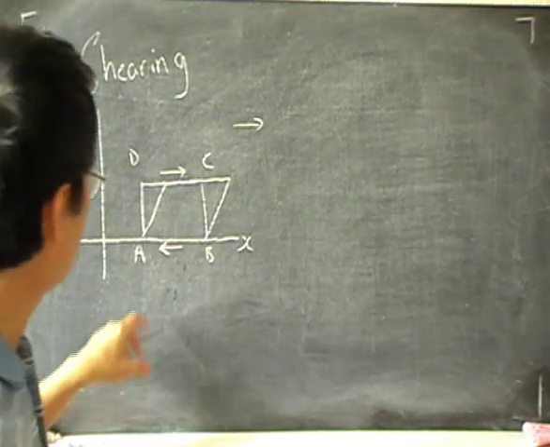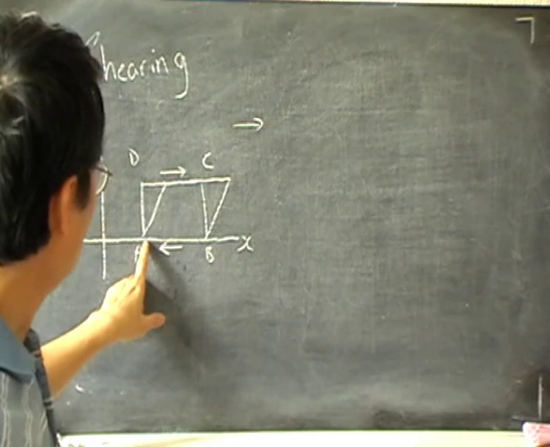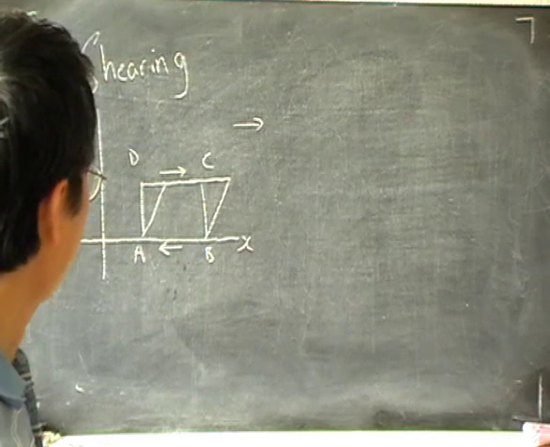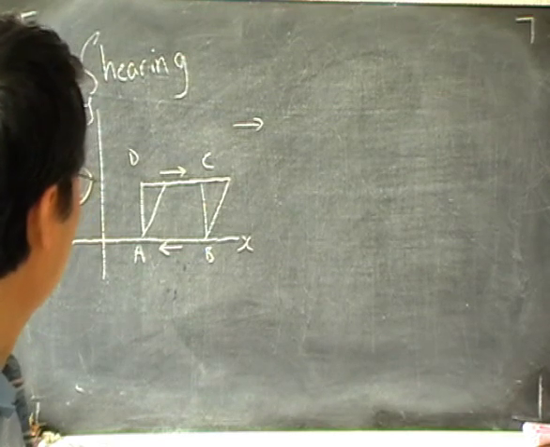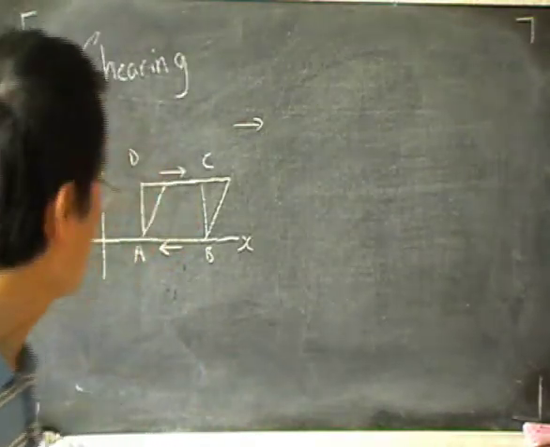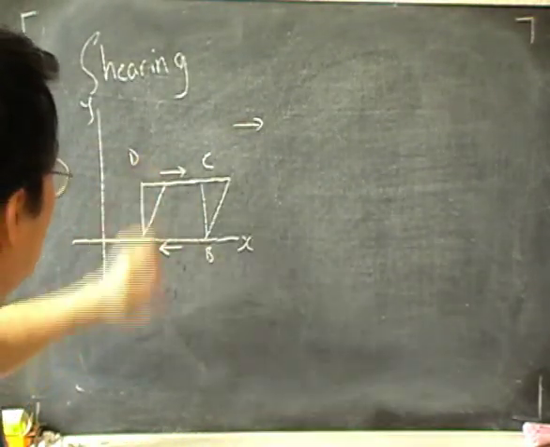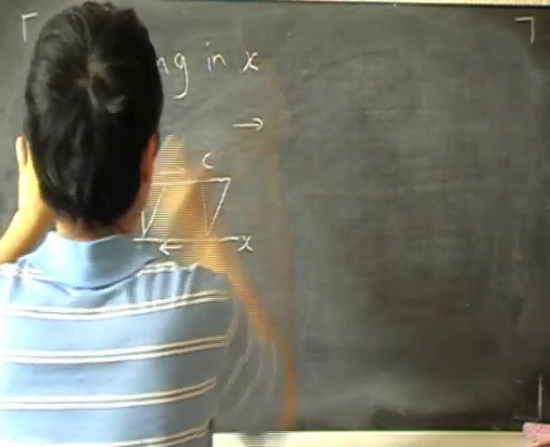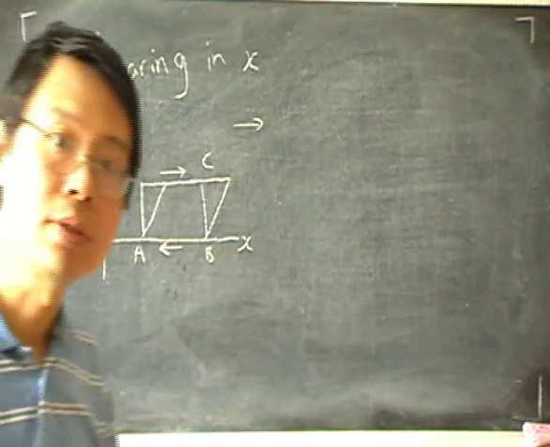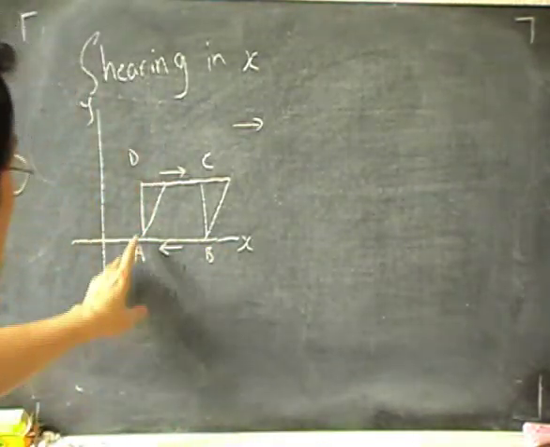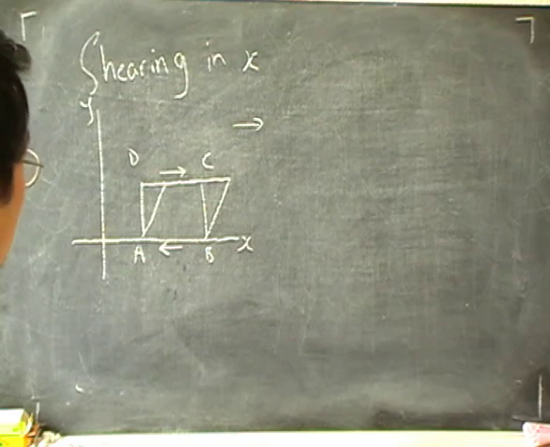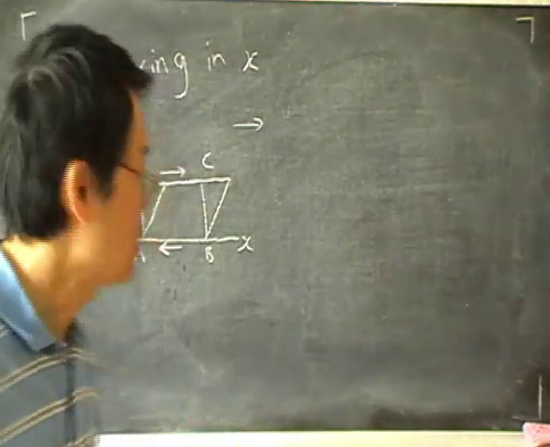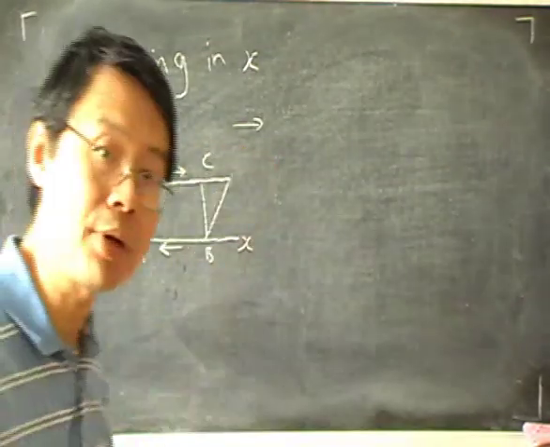Then from what you can see here, for a point on the x-axis, the point does not move. So in a shear transformation, points on the x-axis stay, they don't move. Whereas points which are away from the x-axis, like D, they move in the x direction.